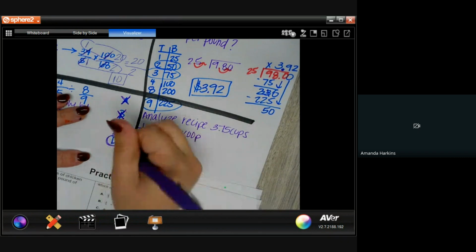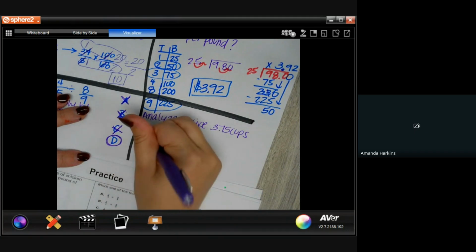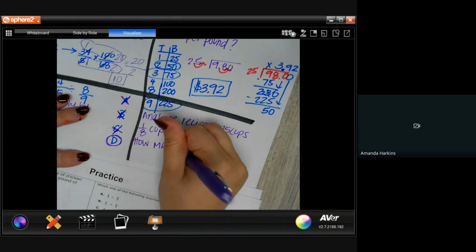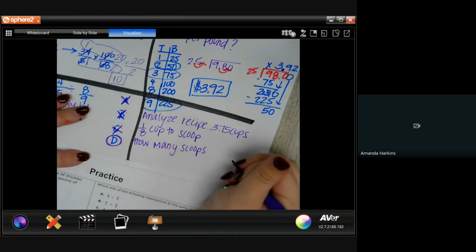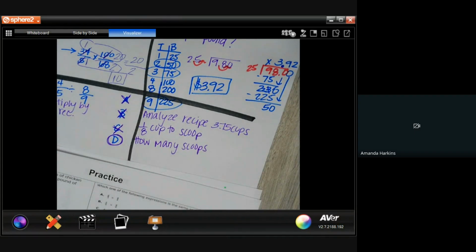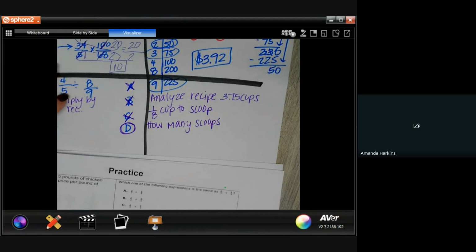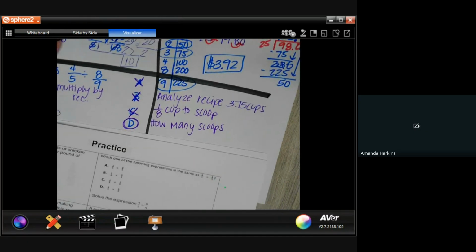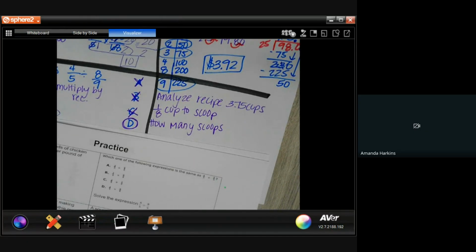How many scoops? Okay, so there's two ways we can solve. We can either solve with fractions or we can solve with decimals.